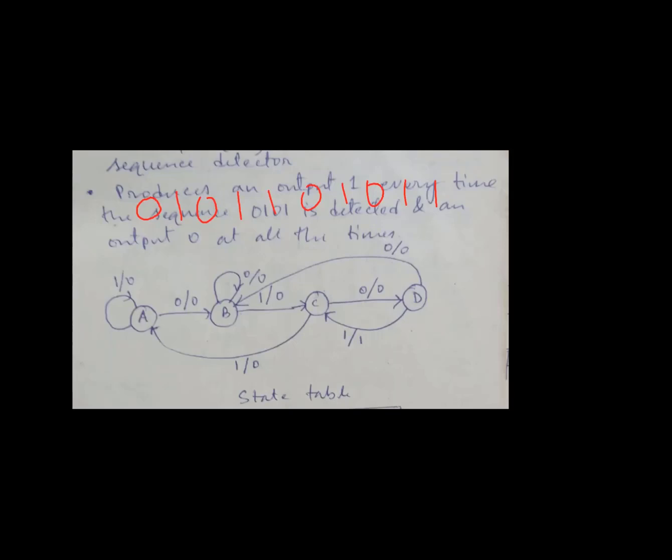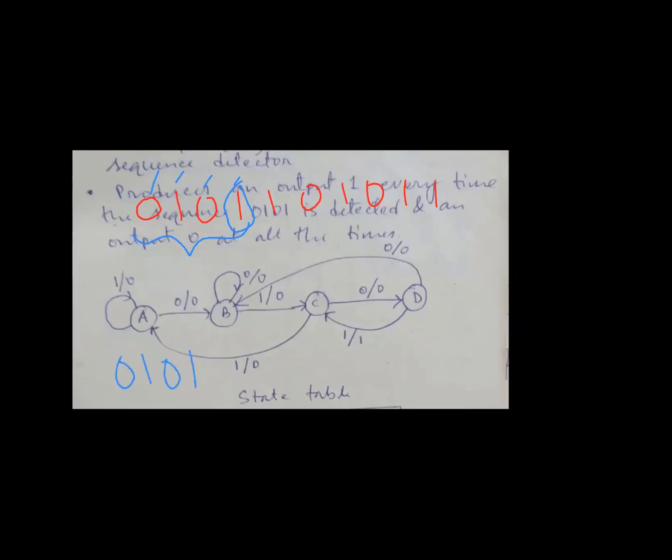Now, in which bit will we get output 1? First we scan 0, then 1, then 0, then 1. When we complete this 0101, we look at the last 4 bits, because our sequence is 4 bits.